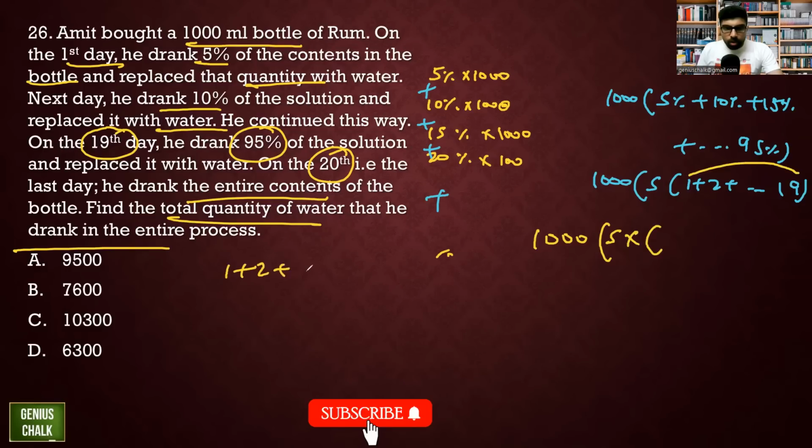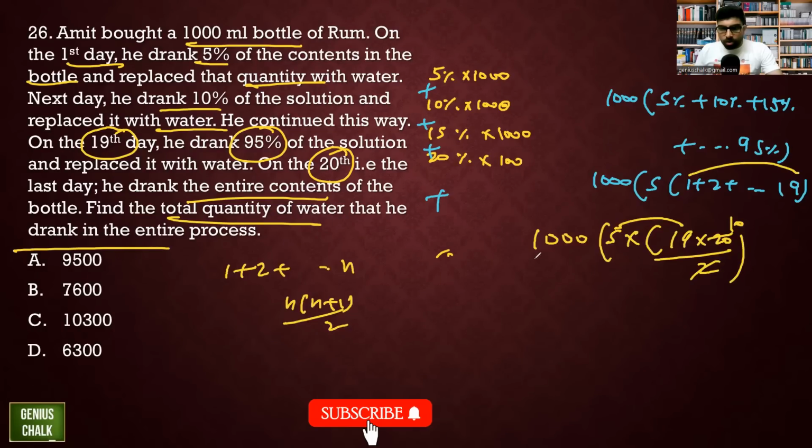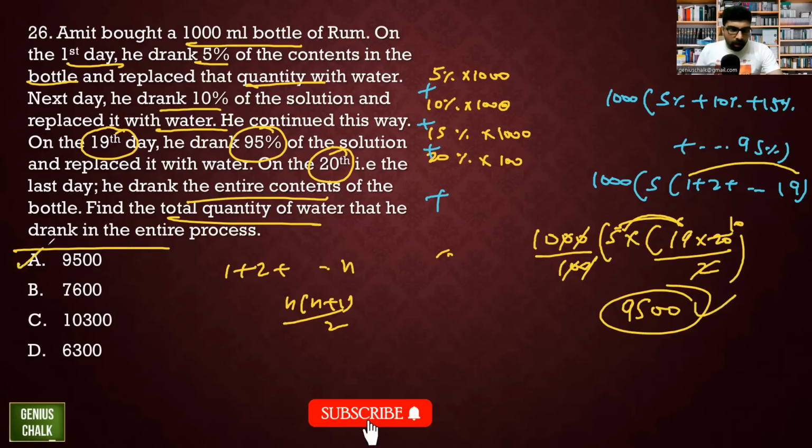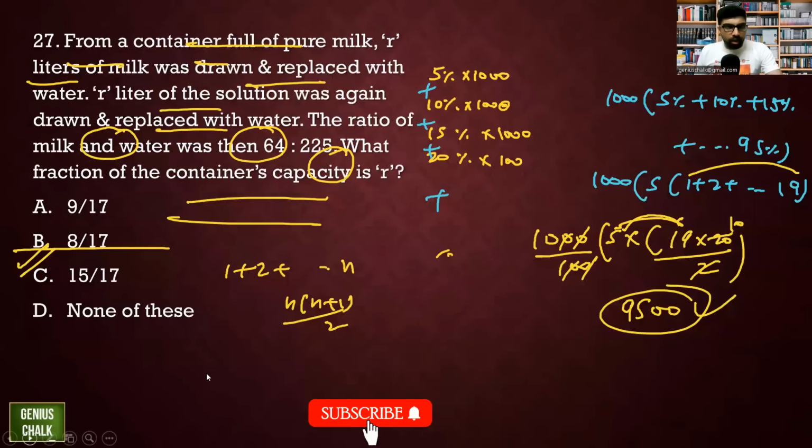You know, from 1 to n, the sum is n into n plus 1 by 2, that is 19 into 20 by 2. Just solve it: 10, and this becomes 95 into 1000, right? So this is 950, and it is percentage also, so divide by 100, so the total will be 9500. 950 into 10, that is 9500. That means 9500 is the total quantity that he will drink in these 20 days.